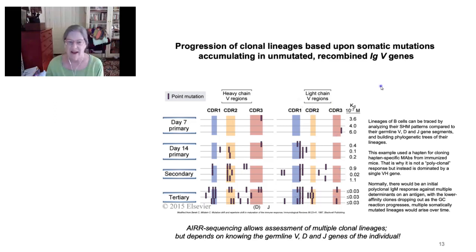And over time, after day 7 from the primary immune response, day 14 from a primary, and then they boost the animal, give it a secondary response and boost it again, get a tertiary response. And you can see in these lineages a buildup of mutations, and some of them are associated with affinity.